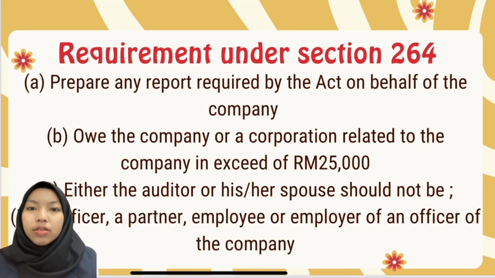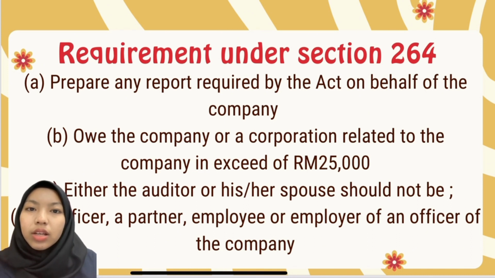Next, the requirement under section 264. A. Prepare any report required by the Act on behalf of the company, for example, prepare the financial statement. And B. Or the company or a corporation related to the company in excess of RM 25,000.